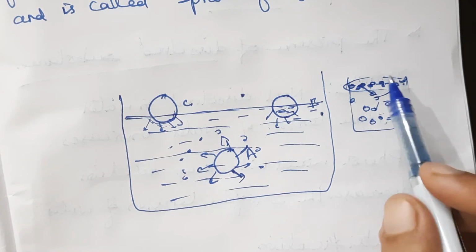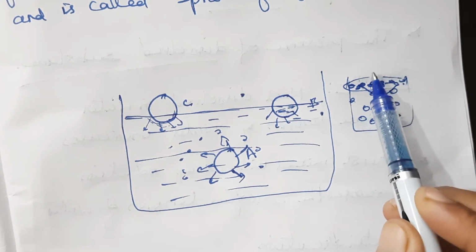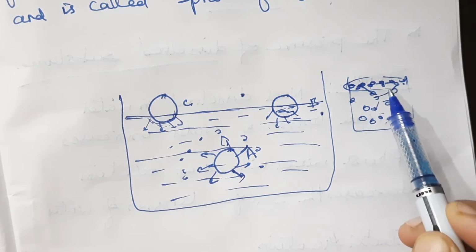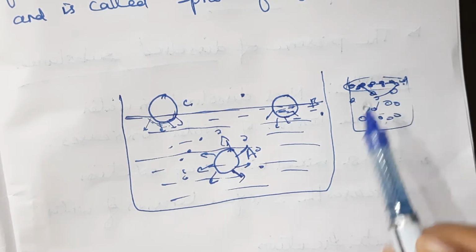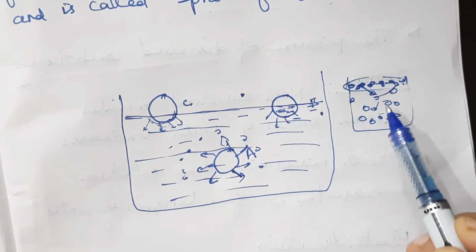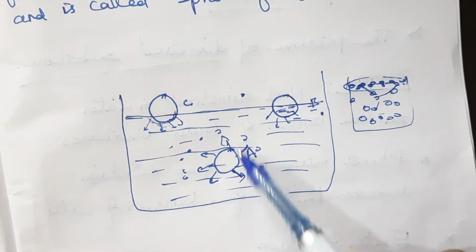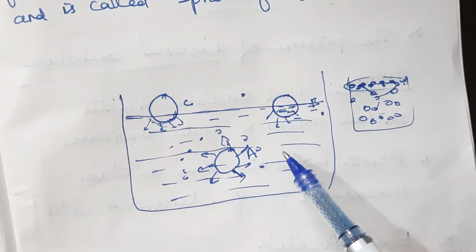So listen, when any molecule is brought towards the surface from the interior, work is done against this cohesive force. Am I right? Because all the molecules experience a downward force.